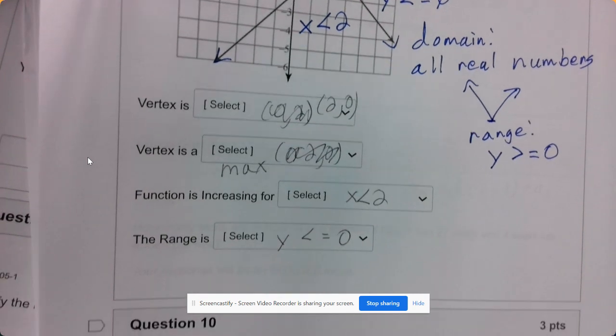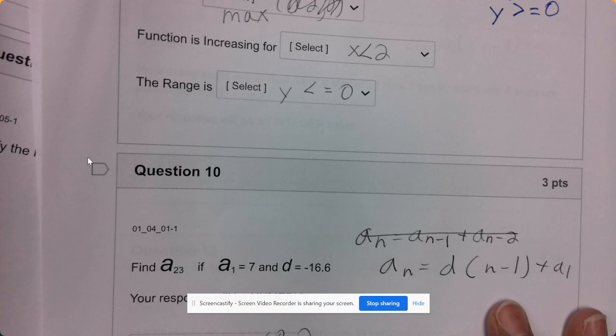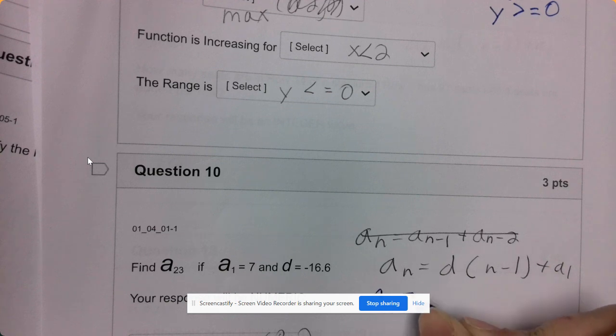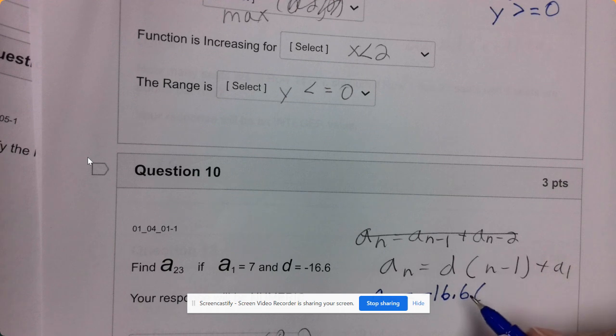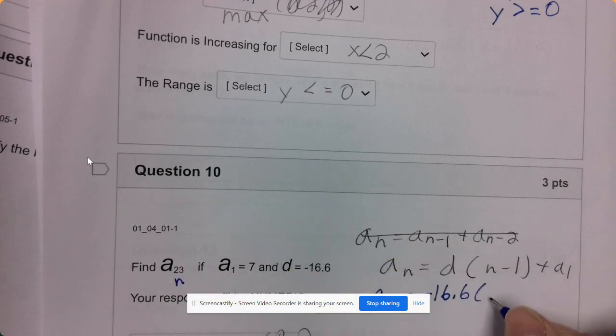Okay, so on this one, we're working with our arithmetic sequences. So we're going to use this formula. Remember, D is the difference, so we're going to plug that in. -16 and 6/10. N is the number. So this is the number, is 23. Minus 1.